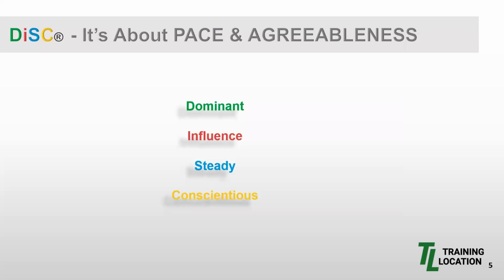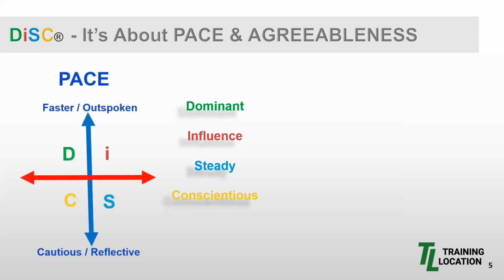Let's break down this pace and agreeableness interaction, which helps identify the DiSC styles. We'll start with pace. We see that the D and the I share a faster and outspoken pace. We also see that the C and the S share a cautious and reflective pace. I'm intentionally avoiding the agreeableness spectrum right now for the purpose of illustrating styles with similar pace.